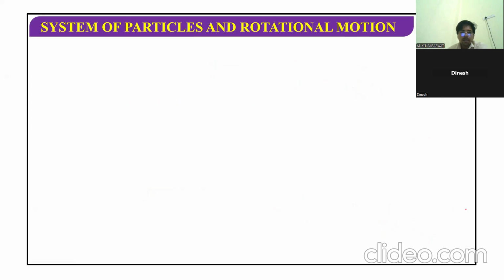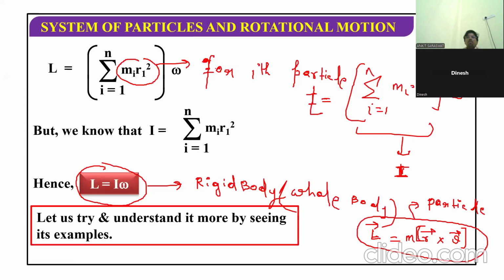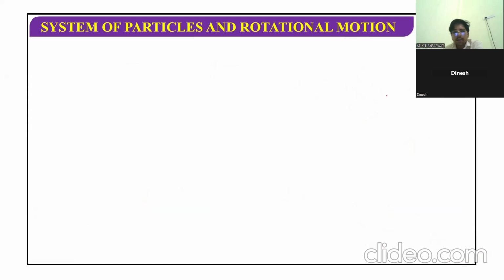Now conservation of angular momentum, maybe not tomorrow, the day after tomorrow, I will start. Till then, you will solve the numericals of this chapter. Is it clear to you? And you should be more familiar with the formula which I have written now.